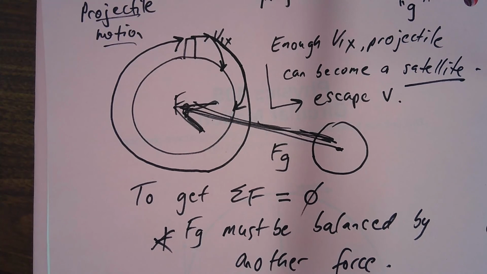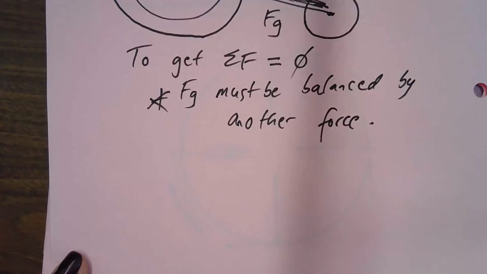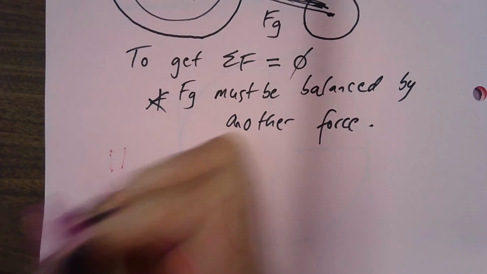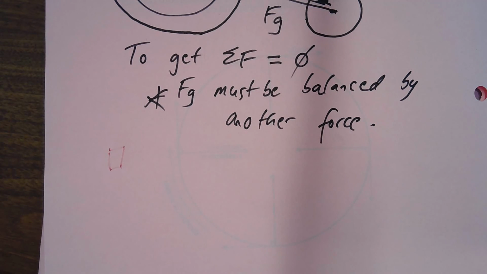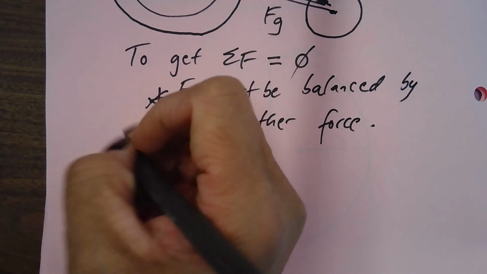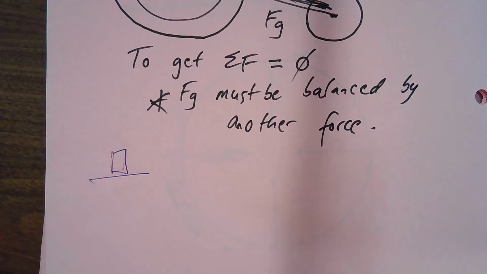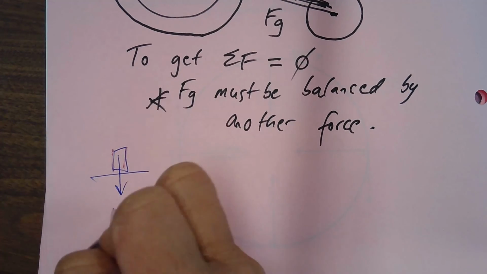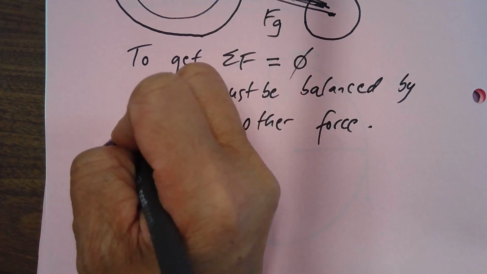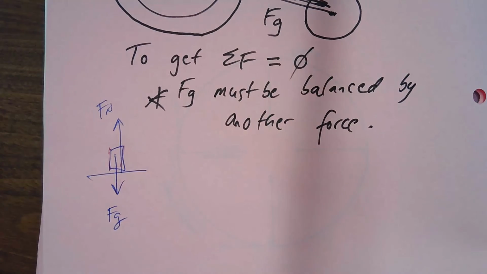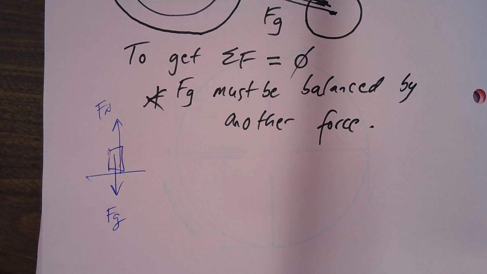So this is you, your body. You're sitting on that chair. This you already know. You just came out of that test on dynamics. Your Fn and your Fg are a net force of 0 together, right?